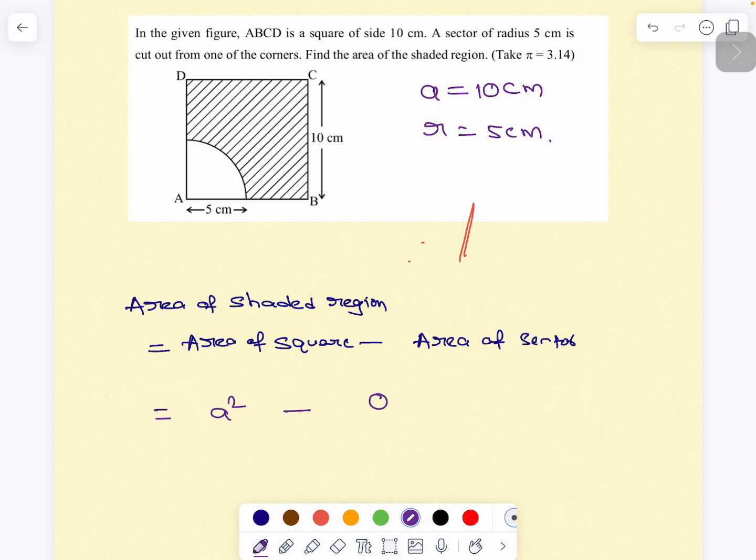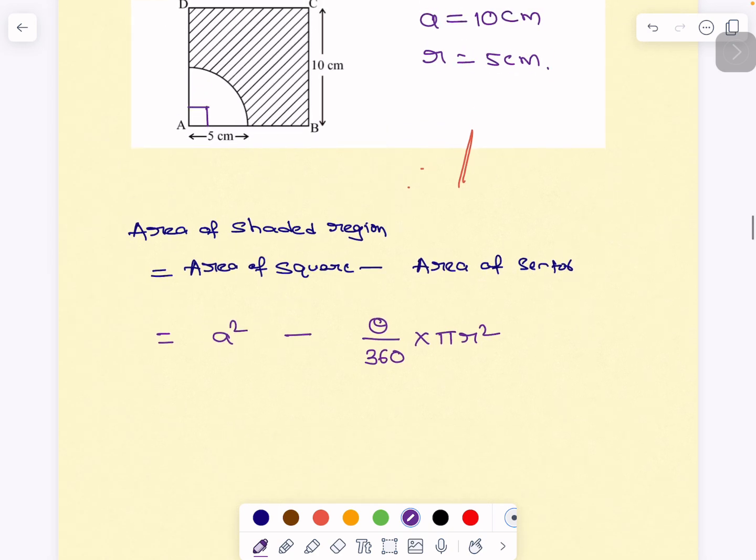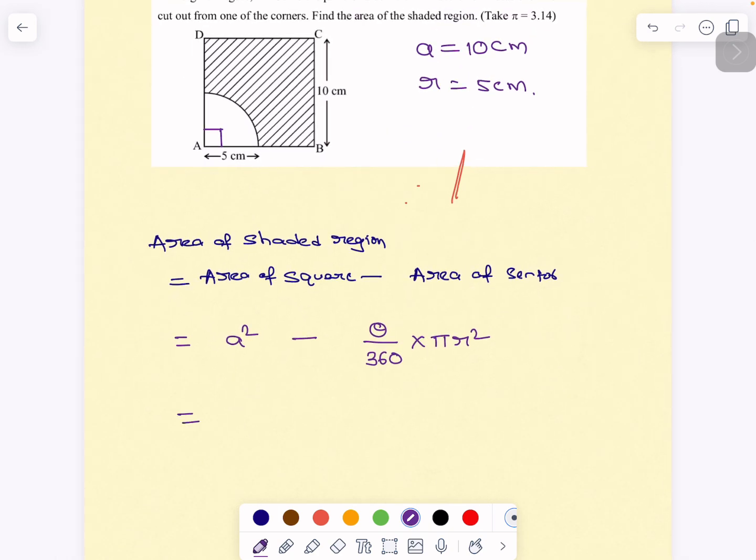Area of the square is side square. Area of sector is theta by 360 into pi r square. In a square, the angle at each vertex is how much? That is 90 degrees. Okay, your theta value is 90 degrees. Now find the area of the shaded region.